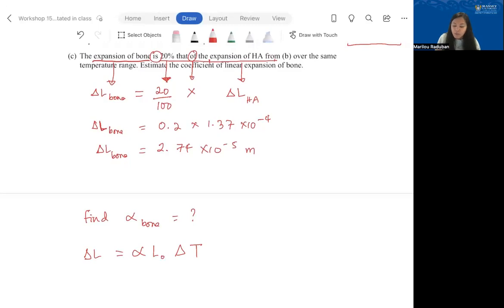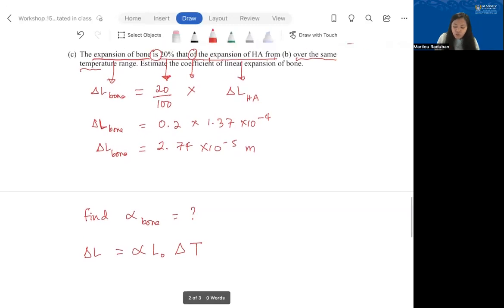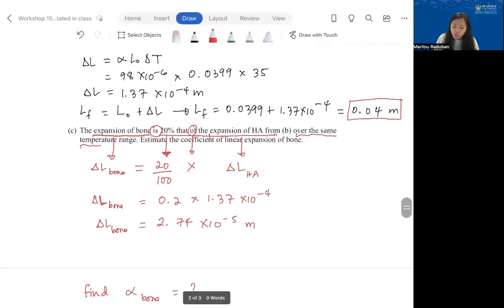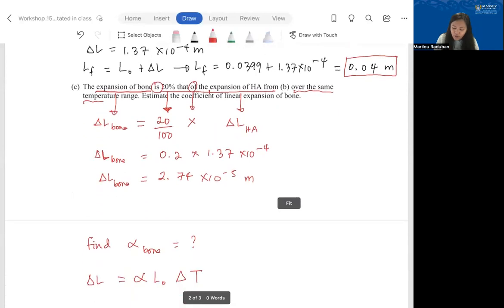The problem says it's over the same temperature range as in question B, so delta T is also what we got there, 35 degrees Celsius.